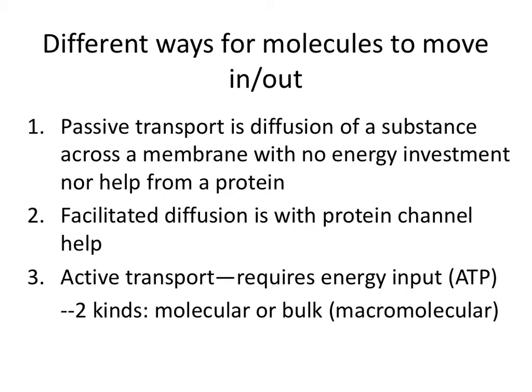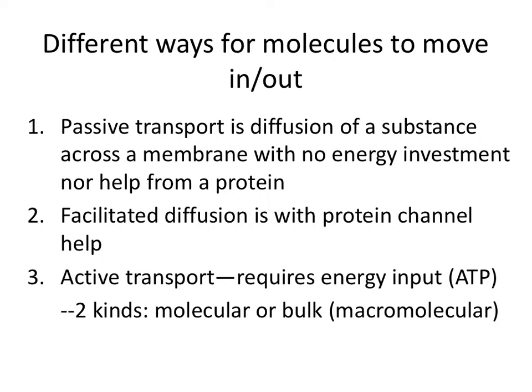So there are three main ways for molecules to move in and out of the cell. Passive transport happens with no input of energy. It's just what naturally happens. It's a diffusion of a substance with no energy investment.